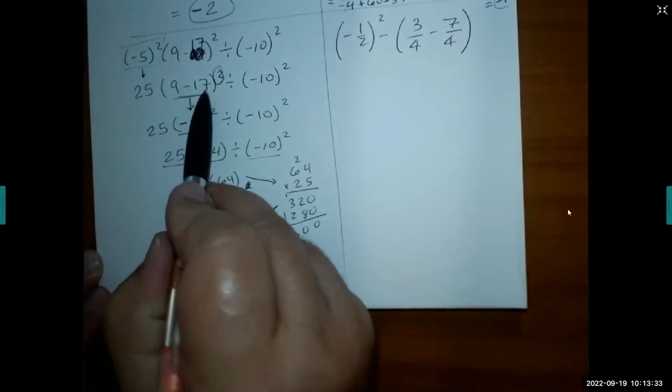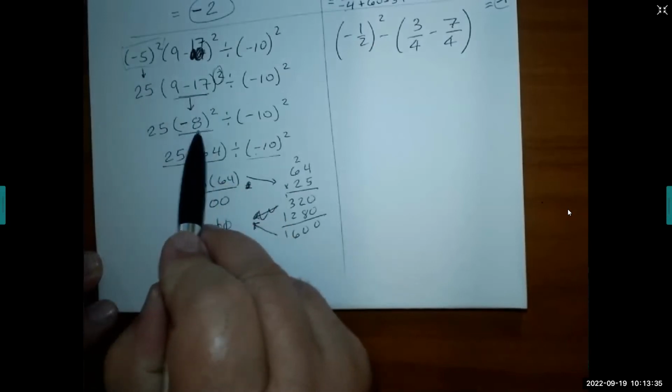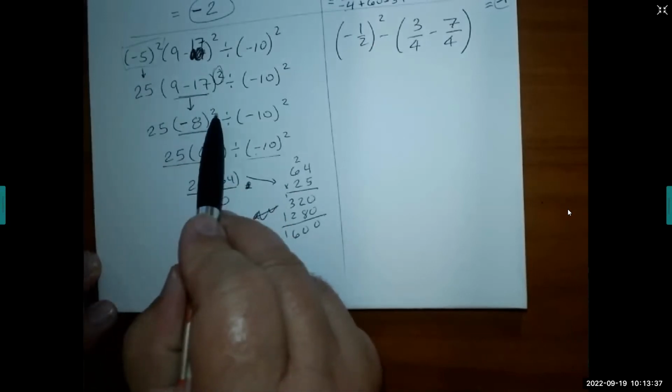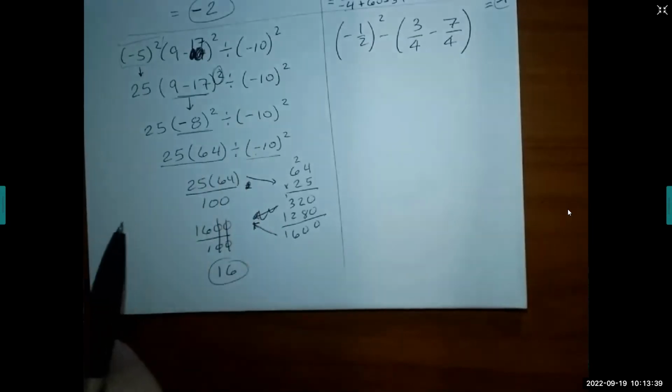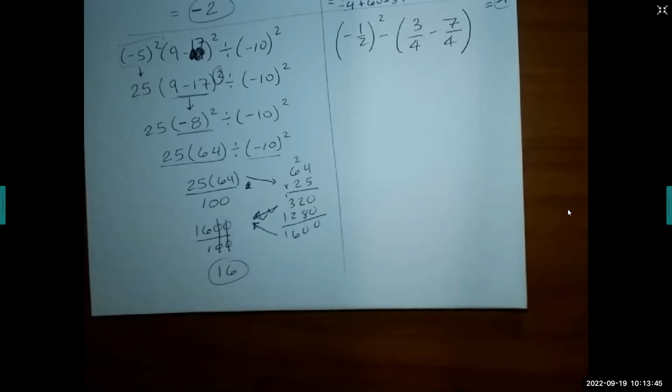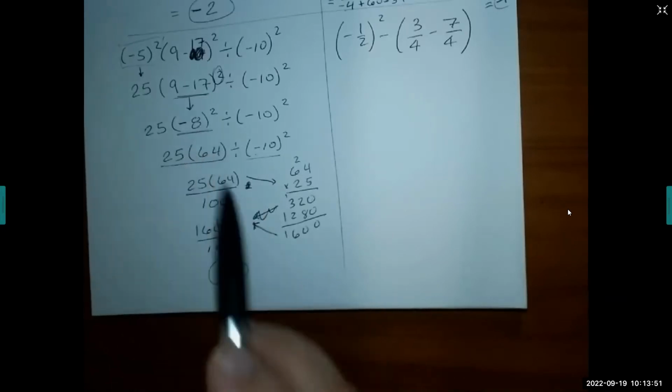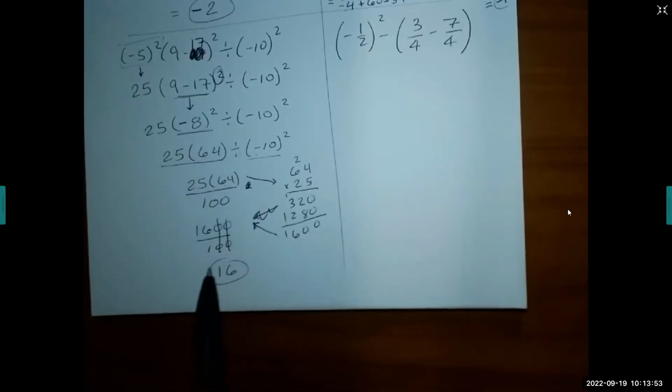So 9 minus 17 is negative 8. Now I can go negative 8 times negative 8. Because yes, you're absolutely correct, it is 9 minus 17 times 9 minus 17. You have to do inside the parentheses. So you have negative 8, which is what this says. It's just extra writing. The more you write, the more chance of error you have, because you'll have negative signs all over the place.